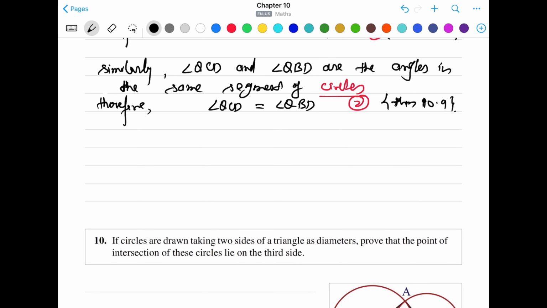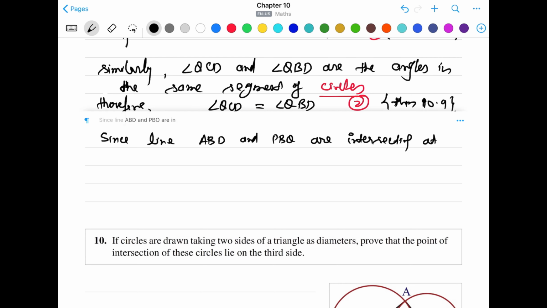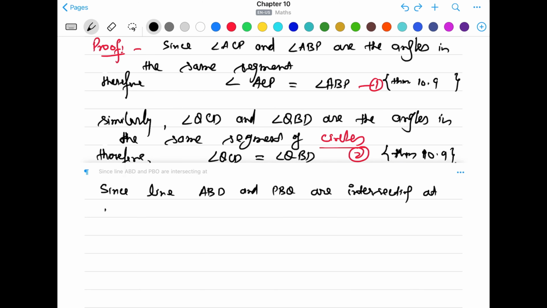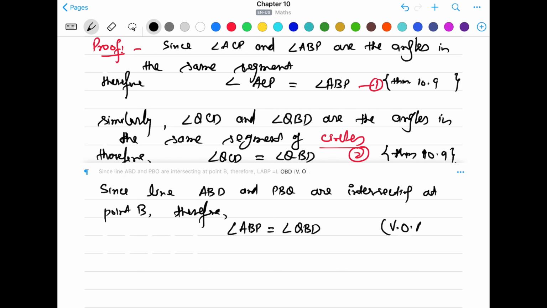So we'll write, since lines ABD and PBQ are intersecting at point B, therefore we have one pair of vertically opposite angles, that is angle ABP will be equal to angle QBD, because they are vertically opposite angles.